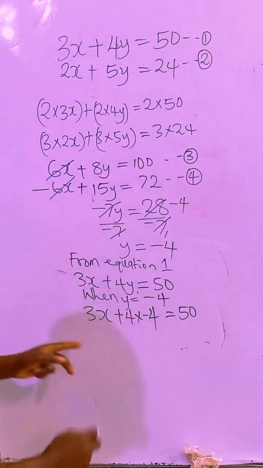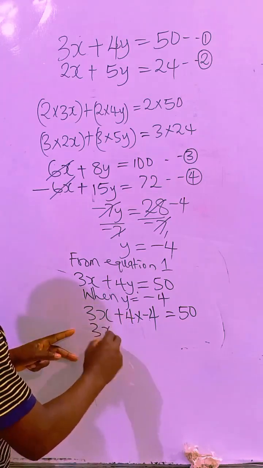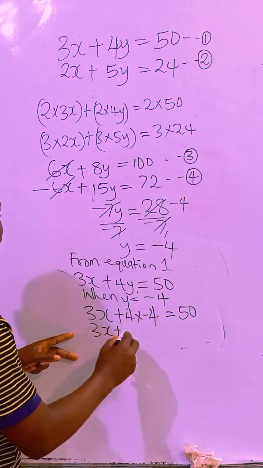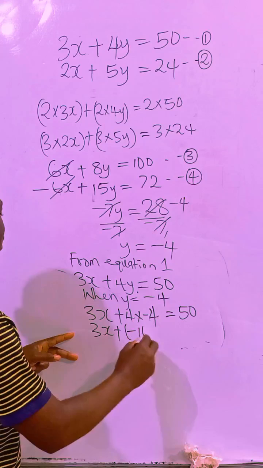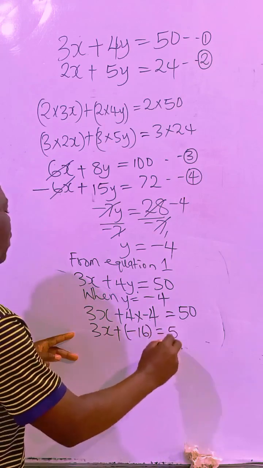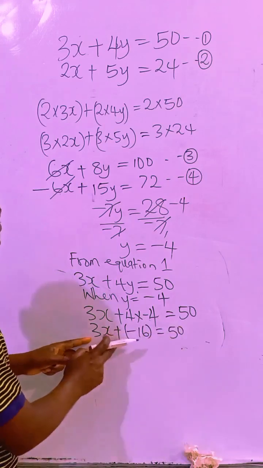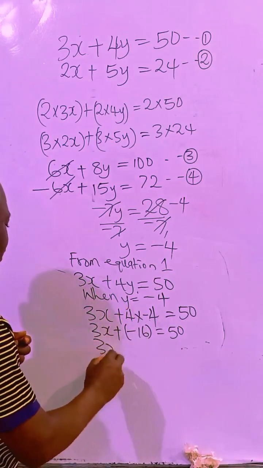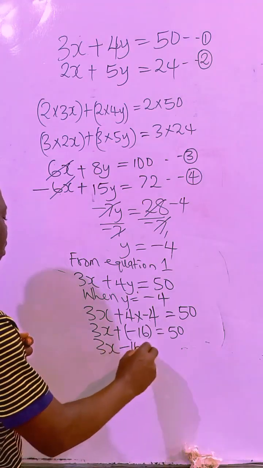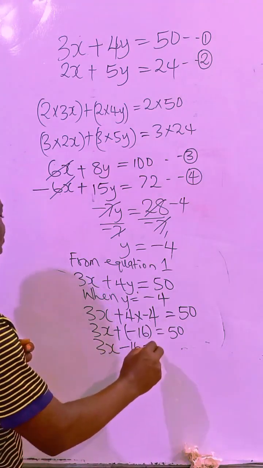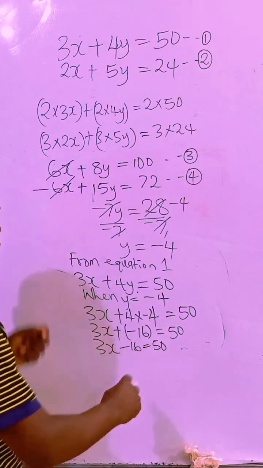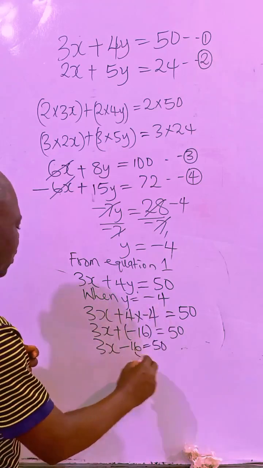Okay, then we have 3x plus 4 times negative 4 will give us negative 16. Then positive times negative will give us negative. So we have our 3x minus 16 equal to 50.